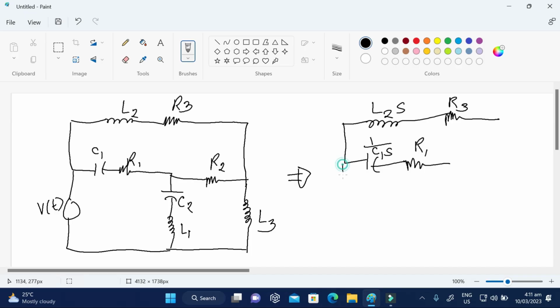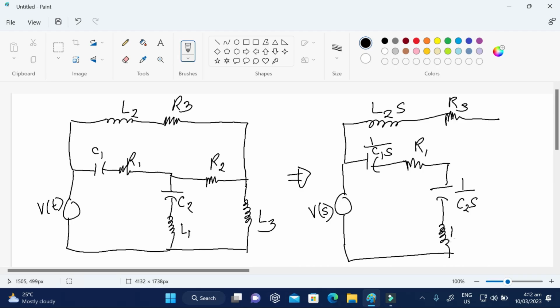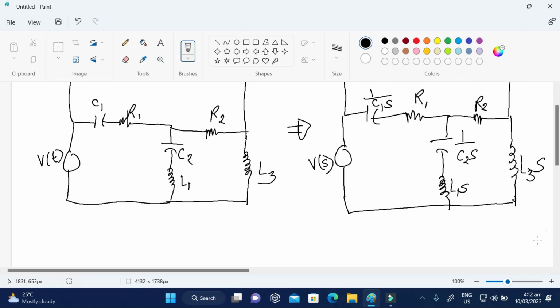For the VT, the Laplace transform is Vs. Then C2 becomes 1 over C2S, and L1 becomes L1S. The Laplace transform of R2 is also R2, and the Laplace transform of L3 is L3S.